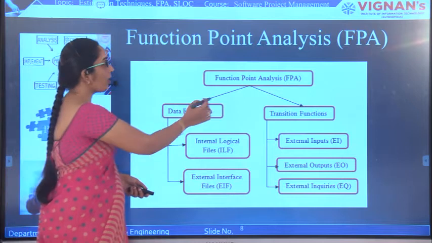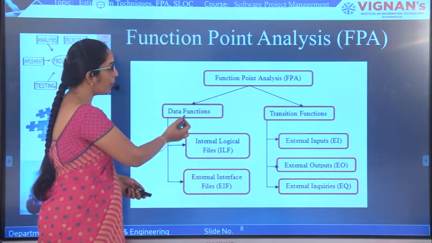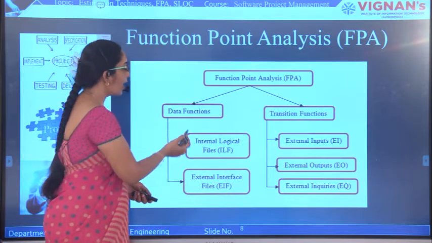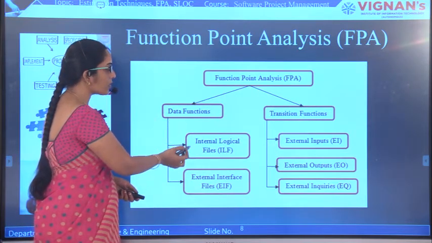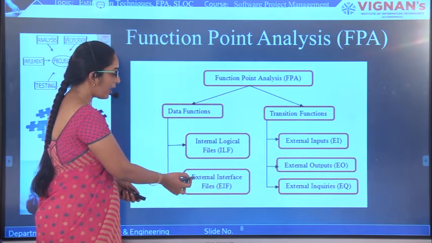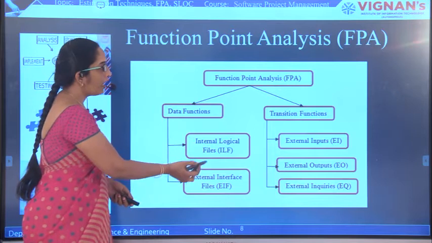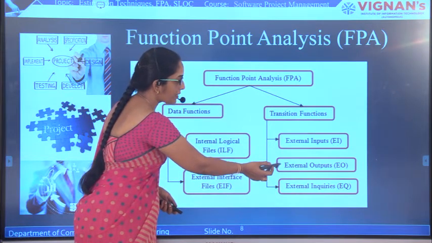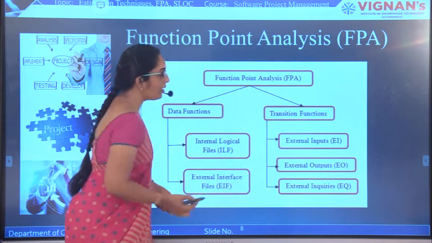So function point analysis consists of two major functions, that is data functions and transaction functions. Data functions in turn consist of two more functions called internal logical files and external interface files. Transaction functions in turn consist of external inputs, external outputs, and external inquiries.